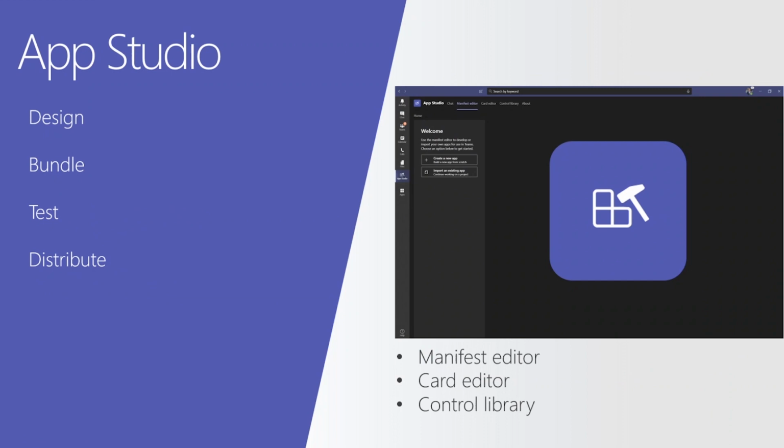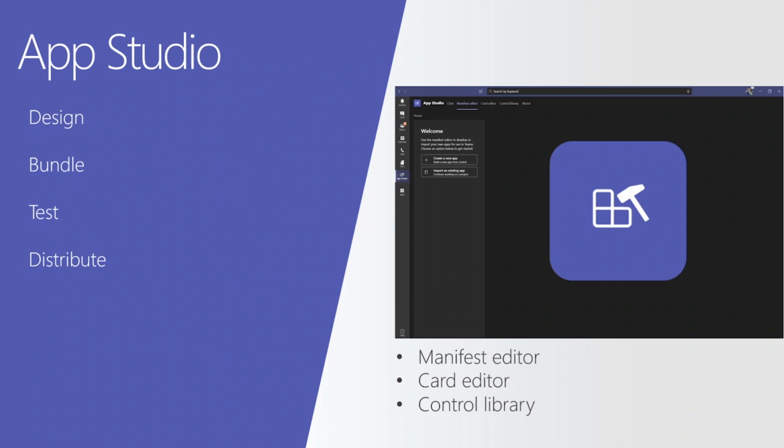As I mentioned before, App Studio is a multi-purpose Teams app that helps developers design, bundle, test, and distribute their apps. The most important feature of App Studio is the manifest editor. The manifest editor enables app developers to craft the manifest file that describes their app with simple-to-use UI.